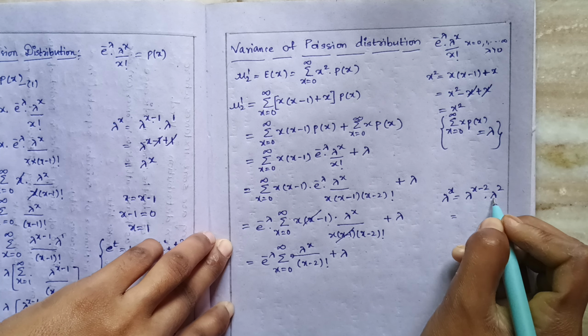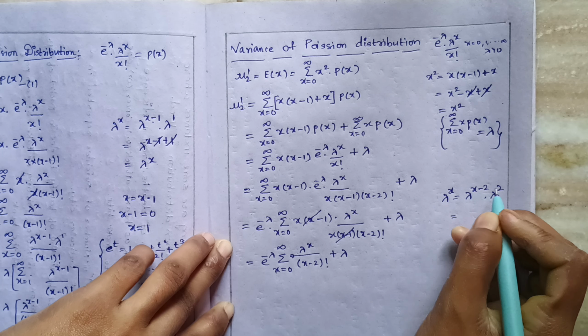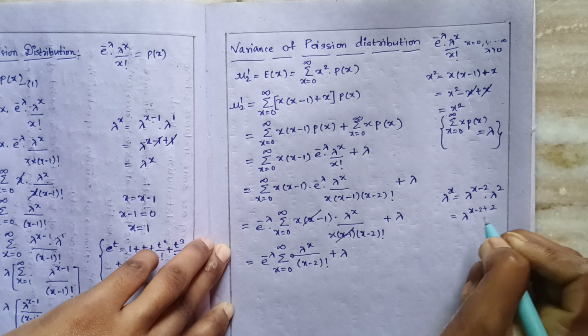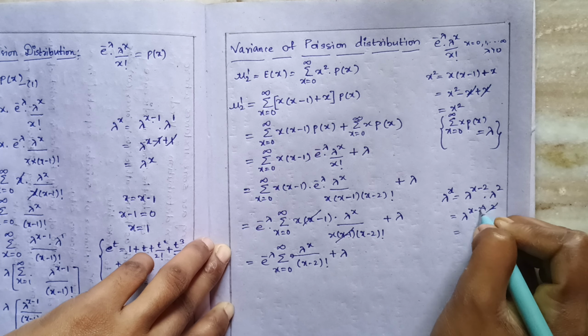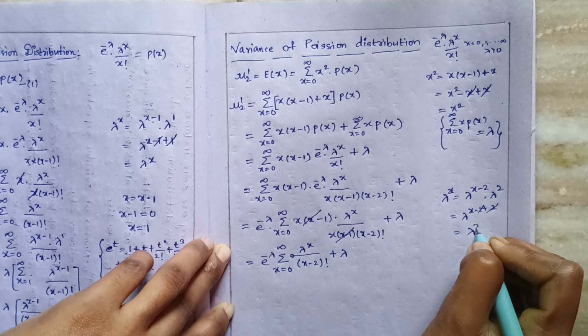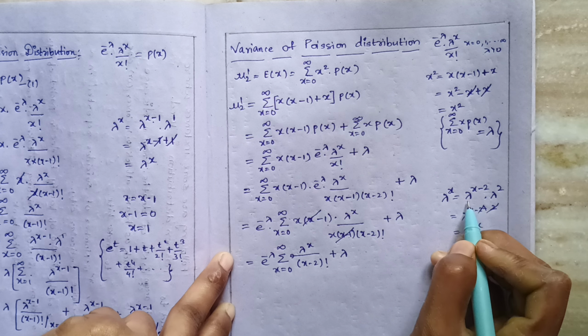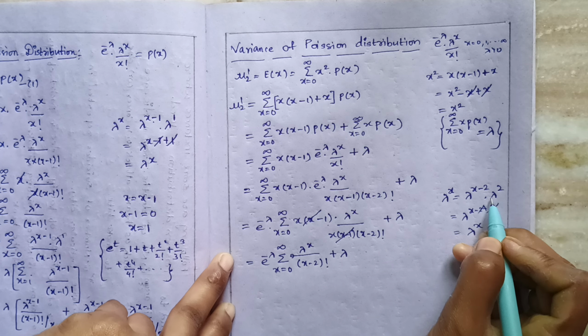Therefore, here the bases are same, so I can add the powers. Lambda to the power of x minus 2 plus 2. So I can easily cancel this plus 2 and minus 2. Therefore, lambda to the power of x. So I can write lambda to the power of x as lambda to the power of x minus 2 into lambda to the power of 2.